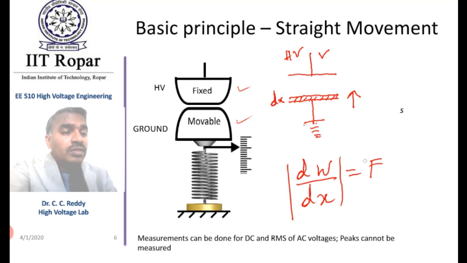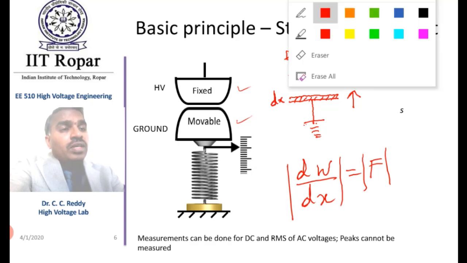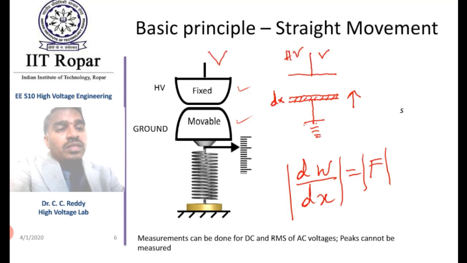We are concerned only with magnitude, with an understanding of the direction of the force. So let us recall the fundamentals and then derive quantitatively the relation between this force and the applied voltage V, assuming that the applied voltage is V.